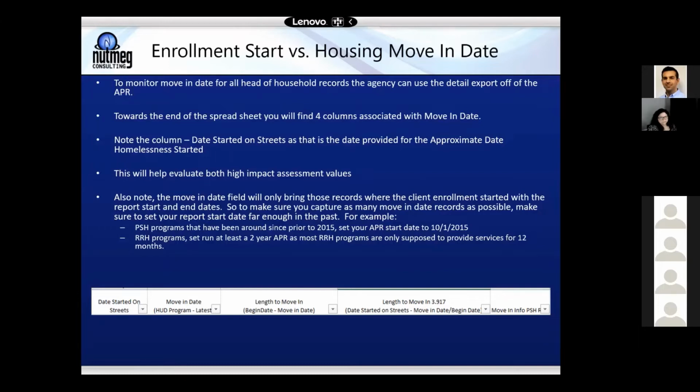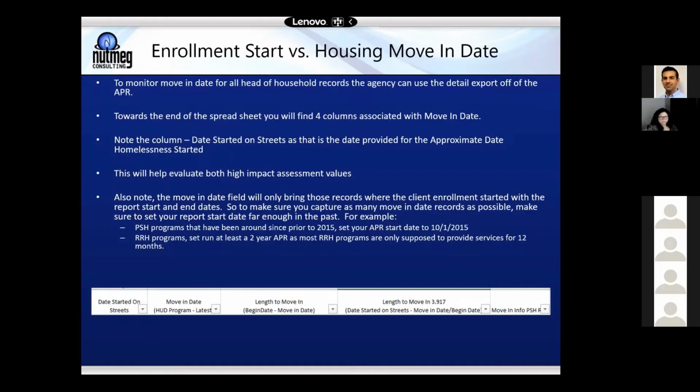For rapid rehousing programs, in theory and per HUD guidance, those are 12-month projects. So if you've really never evaluated this field before, run a 2-year APR on your rapid rehousing program, and you can take a look at that date field. But if you've monitored that, then you could run a 12-month APR if you wanted.